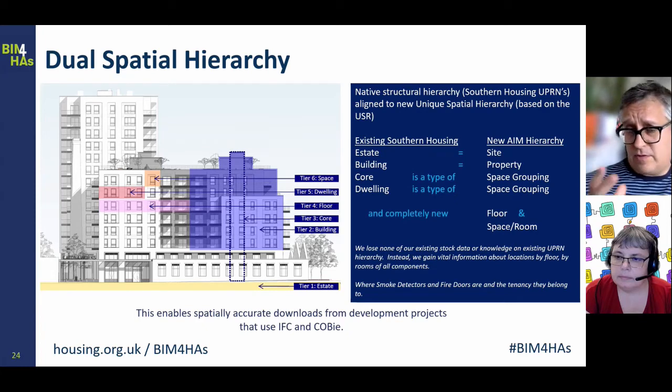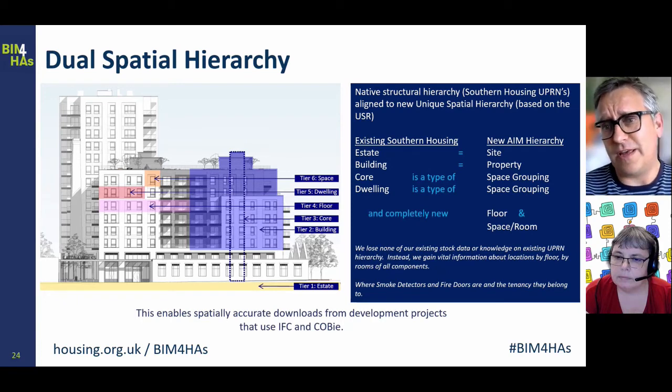That's not the national standard. That's how we at Southern Housing Group describe our assets in a database way, and Keystone and Orchard. If you're in the sector, you will have heard of Keystone and Orchard, which are prolific software systems for asset management and repairs.